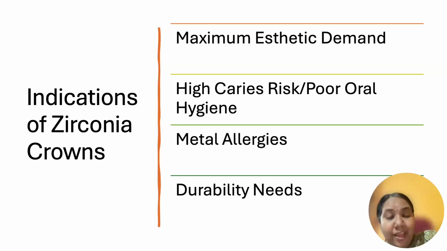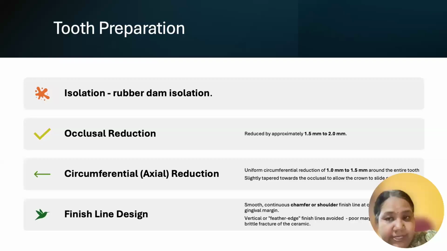Also, for patients who have allergy to any kind of metals, this is a very safe choice, especially nickel allergy, because most of our preformed other metal crowns have nickel found in them. Also, when there is going to be the need for a crown for a longer duration, especially in the posterior region where high masticatory forces are present.